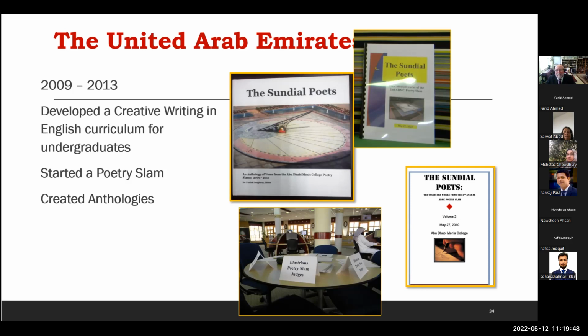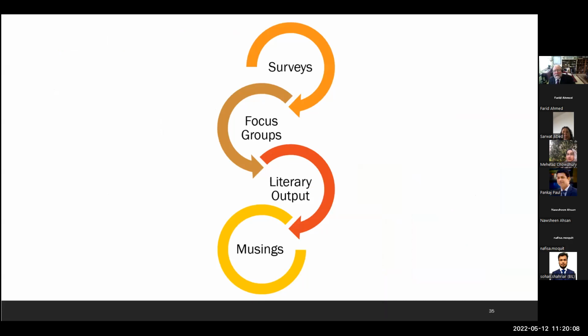And it improved, I would say, their attitude towards the writing courses. They had fun with this. They had a sense of accomplishment because their poetry and their short stories were appearing in the Sundial Poets. So that was good. And then how did I kind of judge whether things were going well?